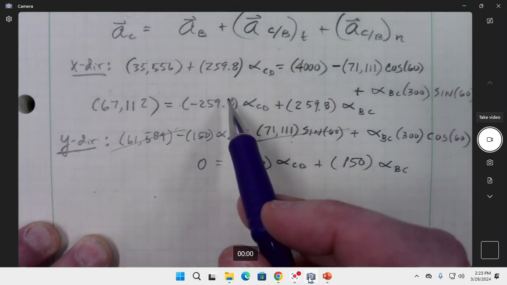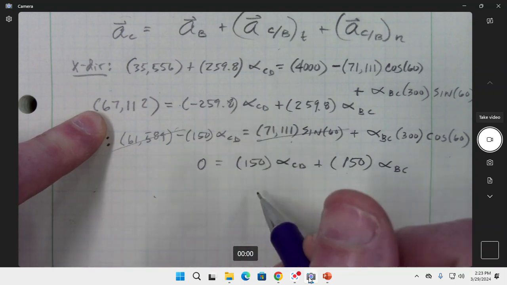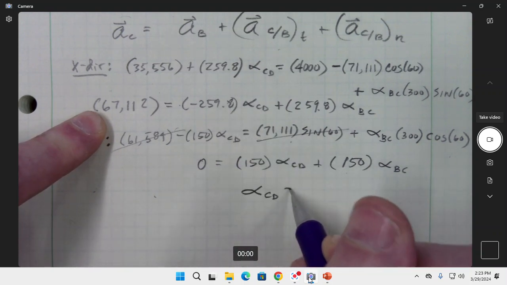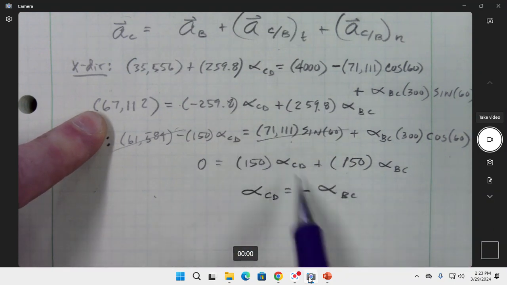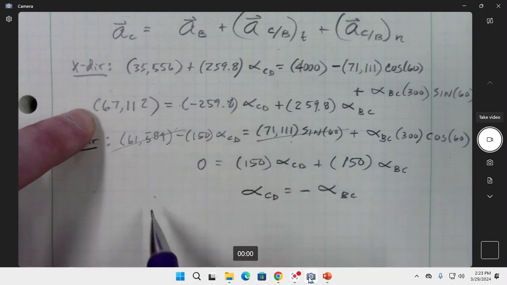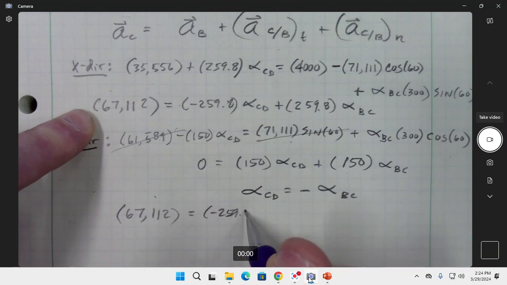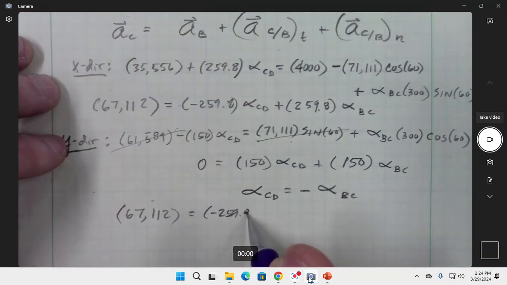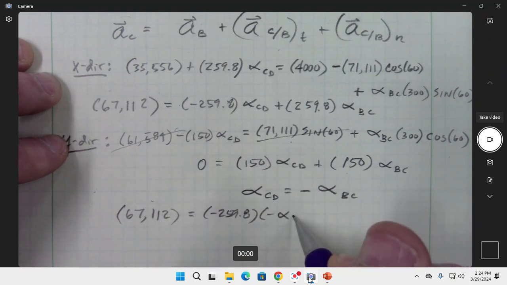We could substitute back into here and find out what that value is going to be. So let's say that this guy is equal to that guy. Plug him in, or go the other way around. I'm just going to keep track of it. I have to write it down. Negative 259.8 times, I'm going to replace this with a negative alpha BC.